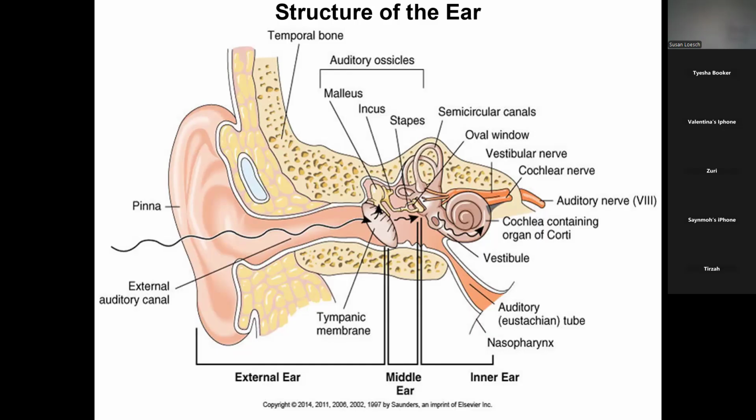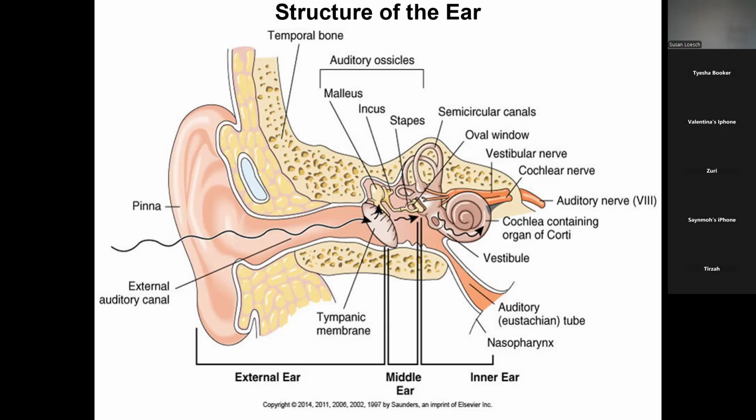The middle ear is the tympanic cavity. It has those three tiny bones, the malleus, the incus, and the stapes, and they make up the ossicles. The malleus is adjacent to the tympanic membrane, and the stapes fits against the oval window and connects the middle ear and the inner ear.